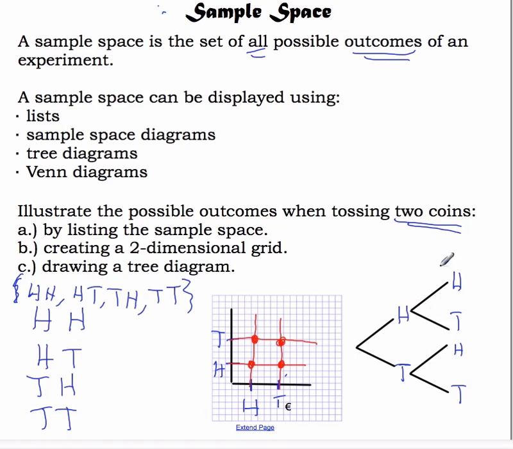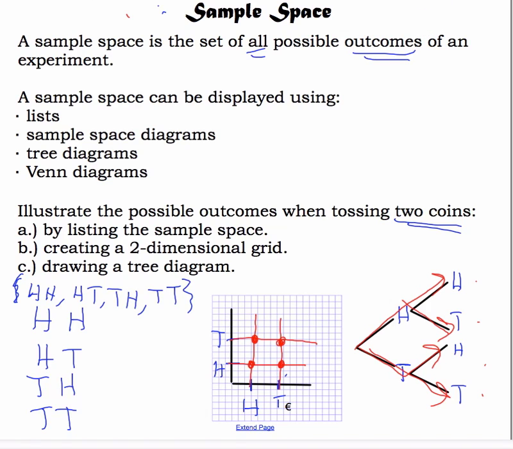So what we have here is a sample space of size 4. So this one outcome is heads, heads. And if we go this way you have heads, tails. And we have tails, heads, and then tails, tails. So there's 1, 2, 3, 4 different branches that you can go through. So the sample space is size 4. So we can use sample spaces to work out probabilities.